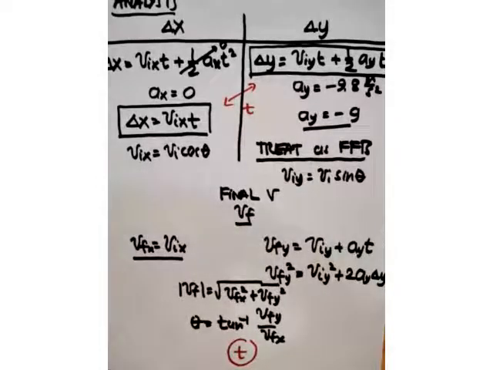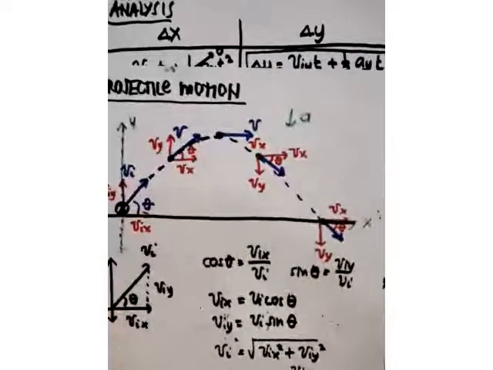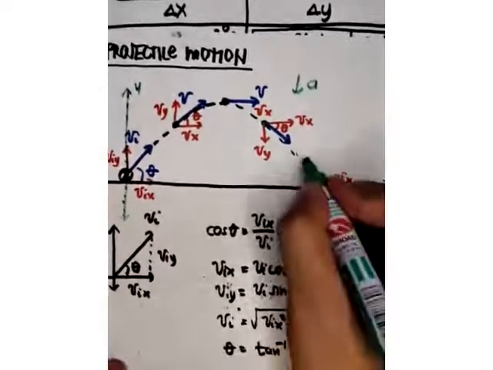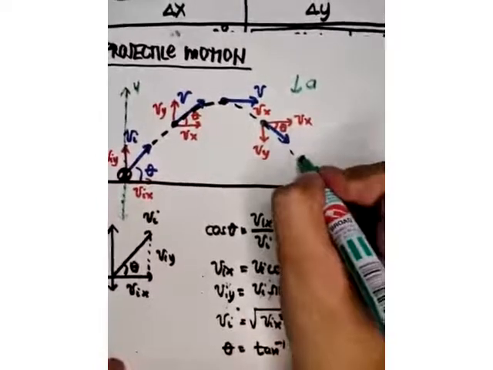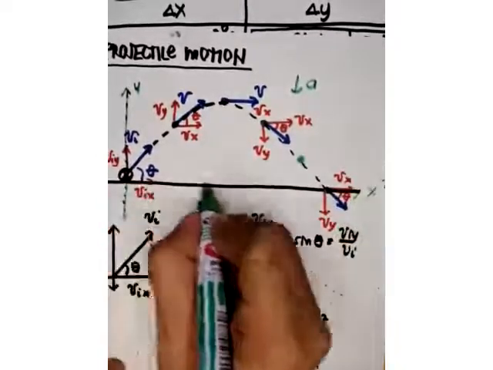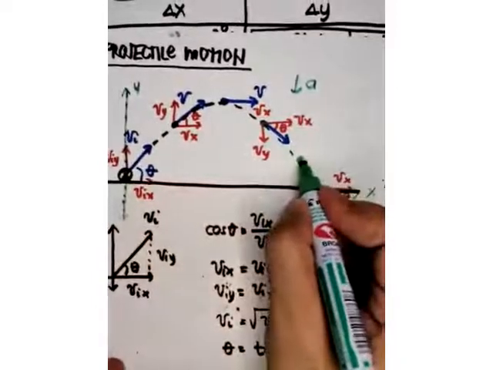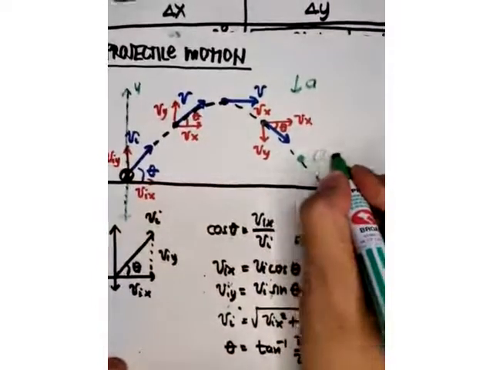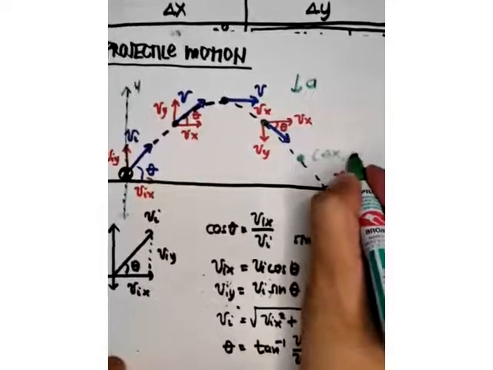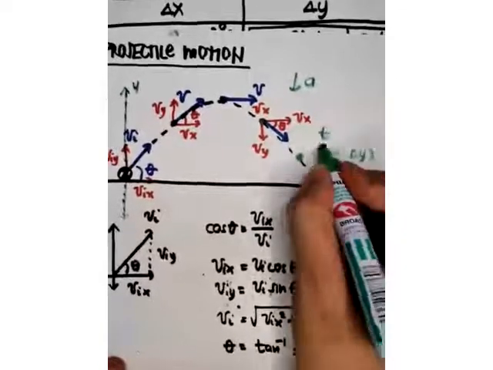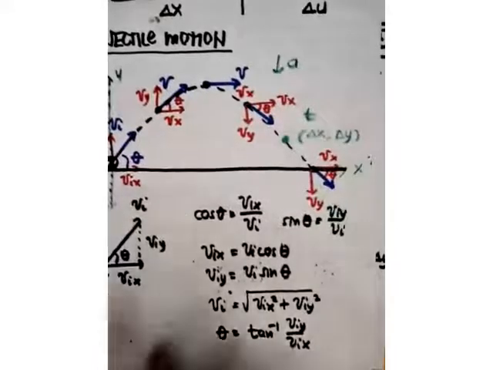So, halimbawa, babalik ako dito. Kung gusto kong kunin, ano yung displacement niya dito? Siyempre, habang nag-move na siya horizontally para makarating doon, so nag-move din siya vertically para makarating siya doon. So that's delta x and delta y with the same time.